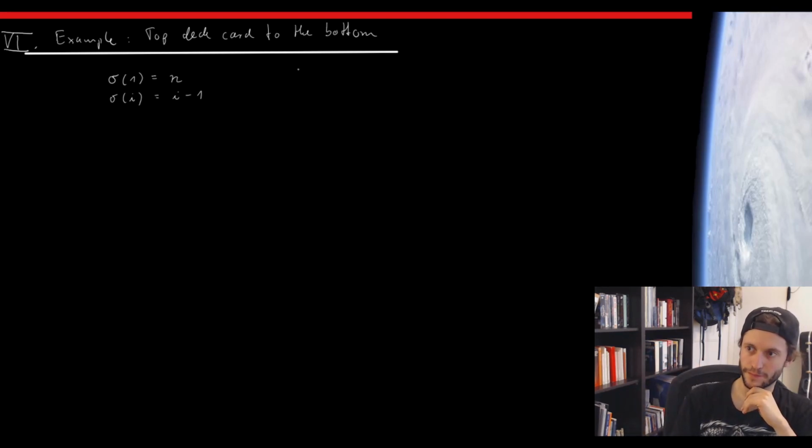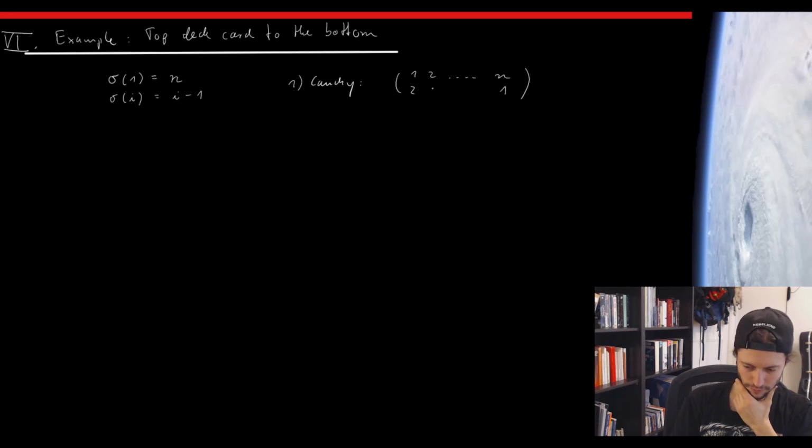So in Cauchy, maybe this is a little more intuitive. We have 1, 2, and so on until n. The top deck card is the 1. It gets to the bottom, so the last one is mapped to a 1. The first one is mapped to a 2, 2 is mapped to a 3, and so on, and the (n-1)th card is mapped to n. Okay, that would be Cauchy.